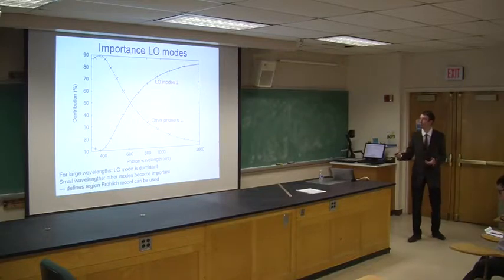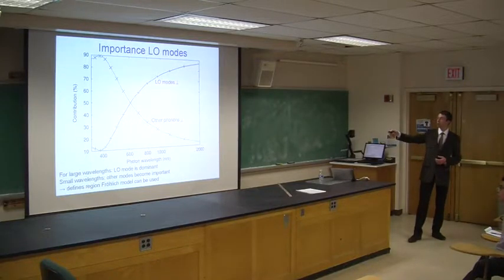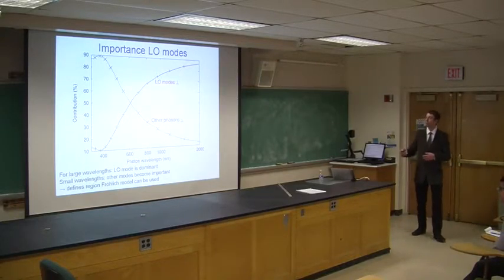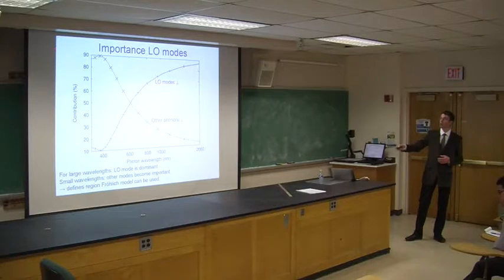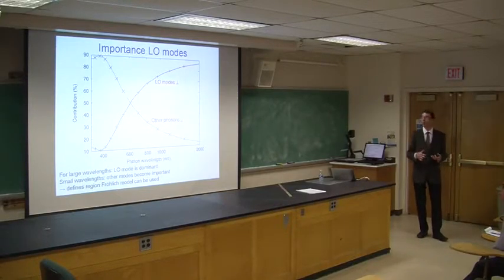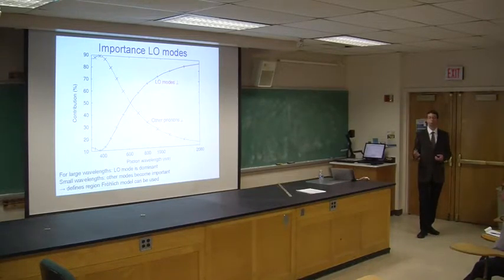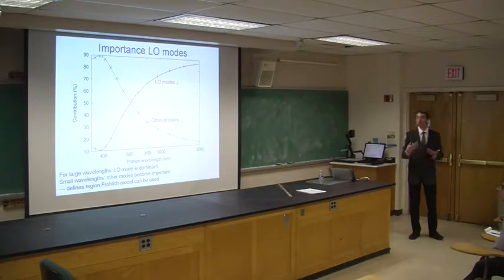So you immediately see that for long photon wavelengths, it's mainly longitudinal optical phonon modes that contribute. But for smaller wavelengths, it's the other phonons that become important. And this also gives you an idea where you can expect to be able to use the Fröhlich model: exactly the region where the longitudinal optical phonon modes are the dominant contribution.